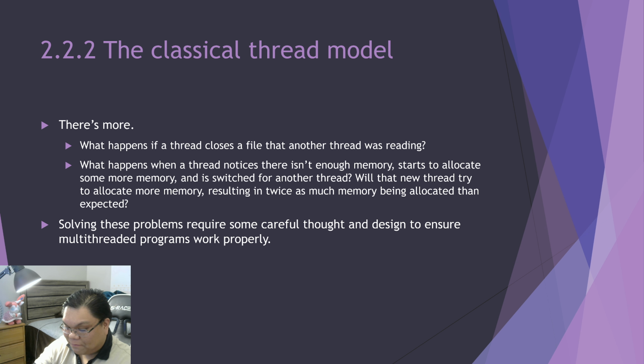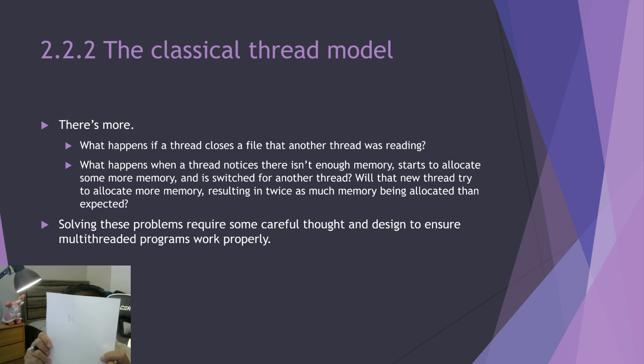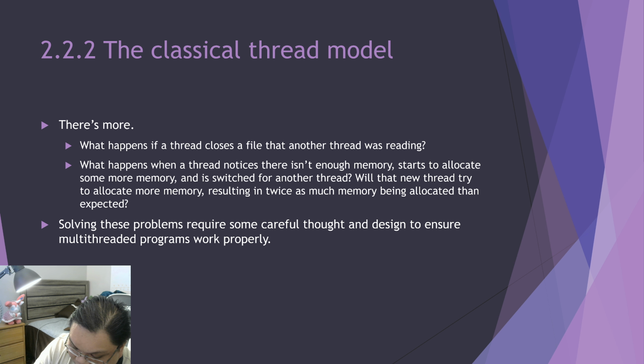What happens if, for example, two threads are trying to add values to the same memory slot? Say there's a 31 in memory, and one thread tries to add 4 to it. At the same time, another thread tries to add 3 to it.